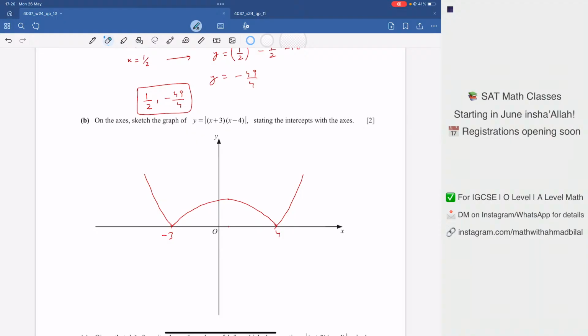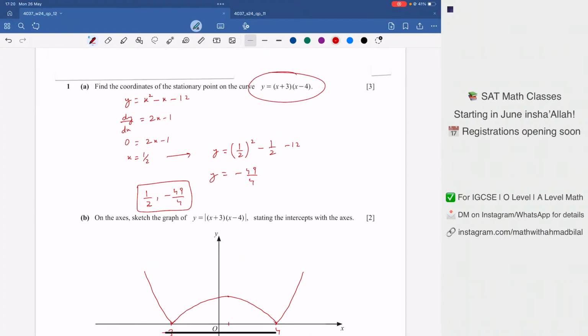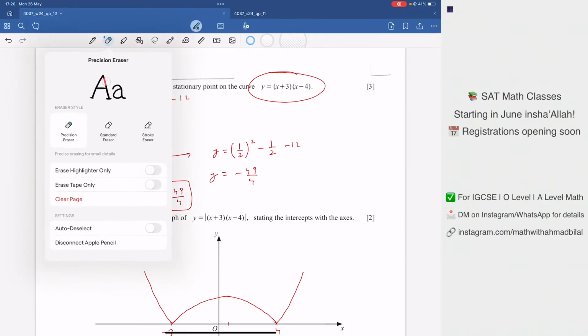This is the graph of this modulus function. Okay, now you have to state the intercepts. The x-intercepts are minus 3 and 4 based on this. You put y equal to 0, you get x equals minus 3 and x equals 4.